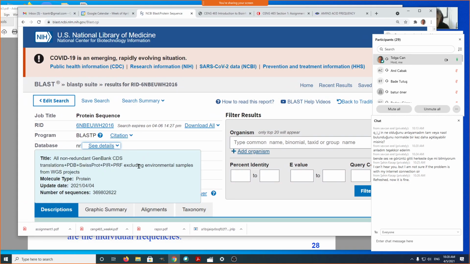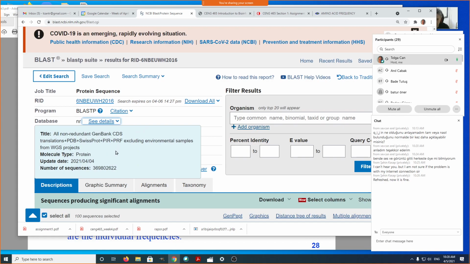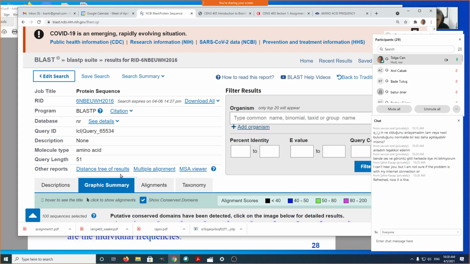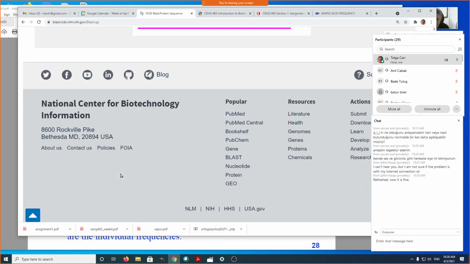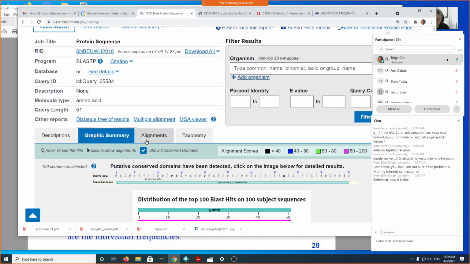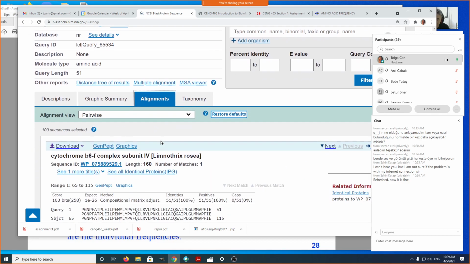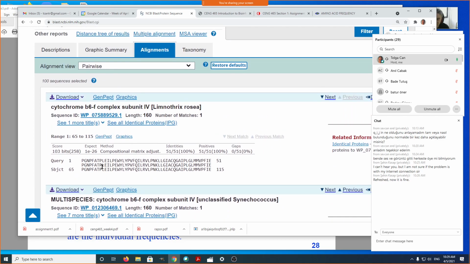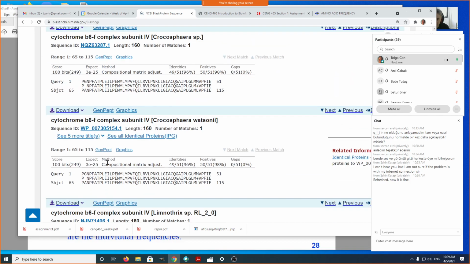This is the details of the database, details of the parameters, other reports, multiple alignment, alignment descriptions, graphic summary. The alignments themselves are here, so you can see the individual alignments between our query protein and the database protein.